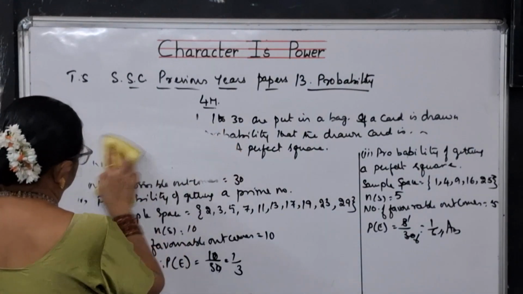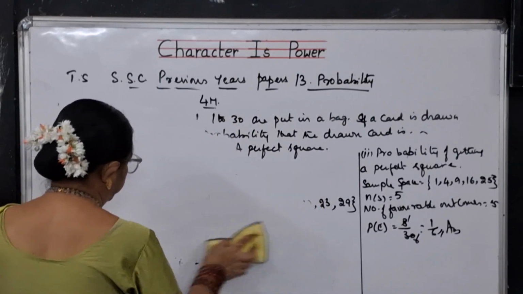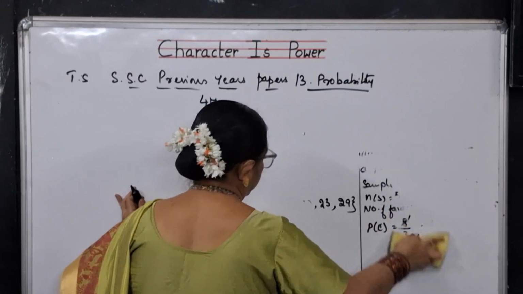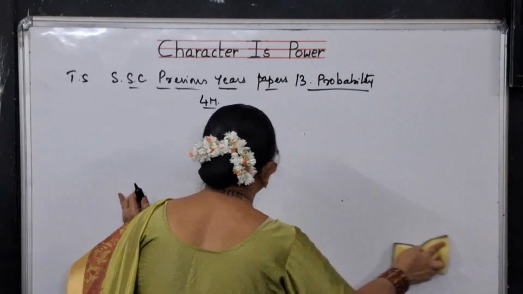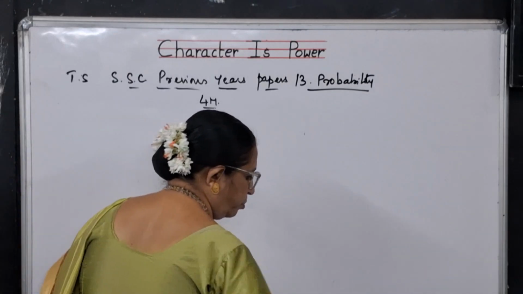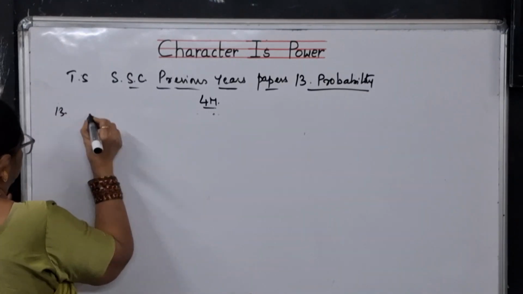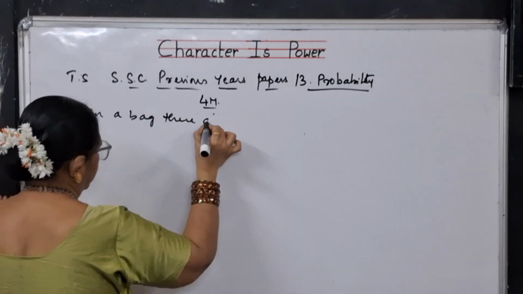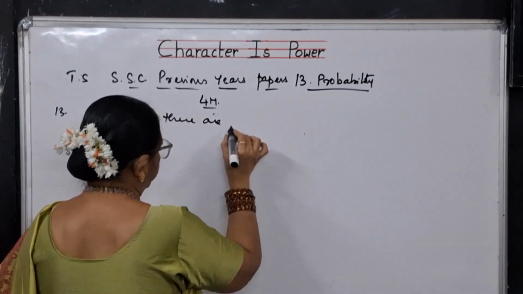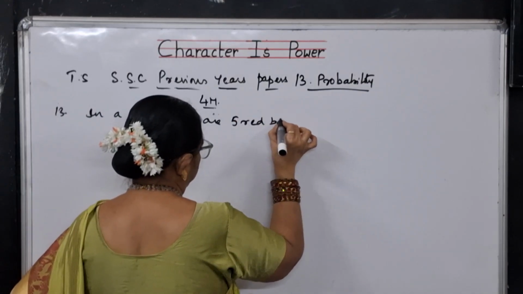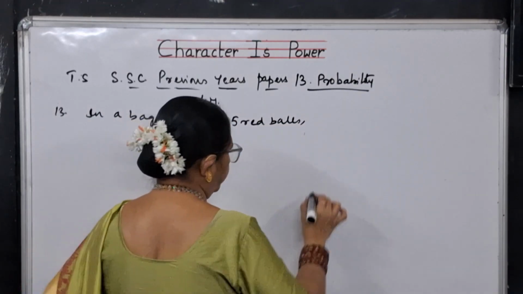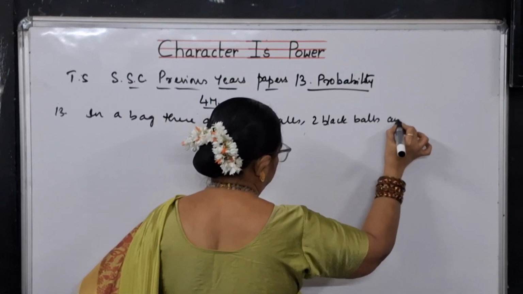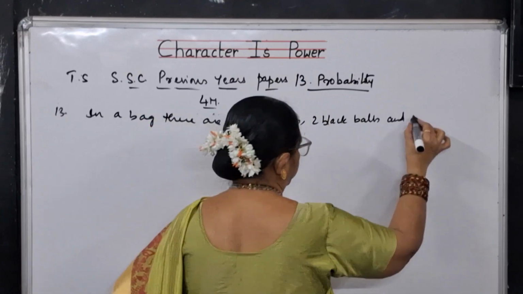And next sum, that is 13th one. In a bag there are 5 red balls, 2 black balls and 3 white balls.